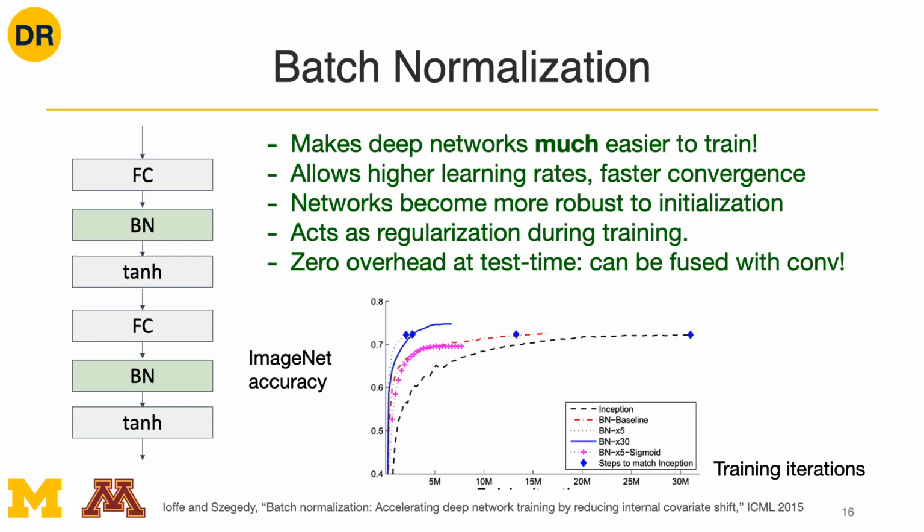But when you start using batch normalization, you can see that it converges much faster. And the other ones are basically saying how many times you used batch normalization in your network. So in general, this is something that you'll see in all the modern networks.